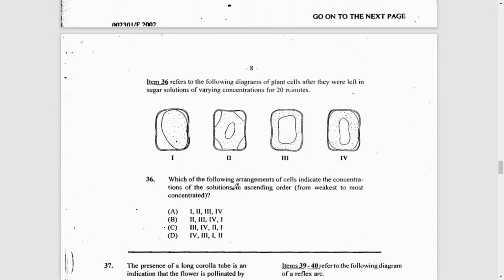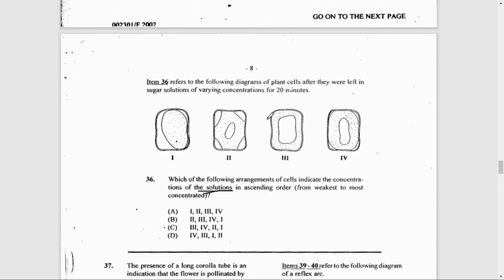I want you to pay attention to the wording of the question here. It asks for the concentration of the solutions, not the cell cytoplasm. So the cell that lost the least water would be in the least concentrated solution.